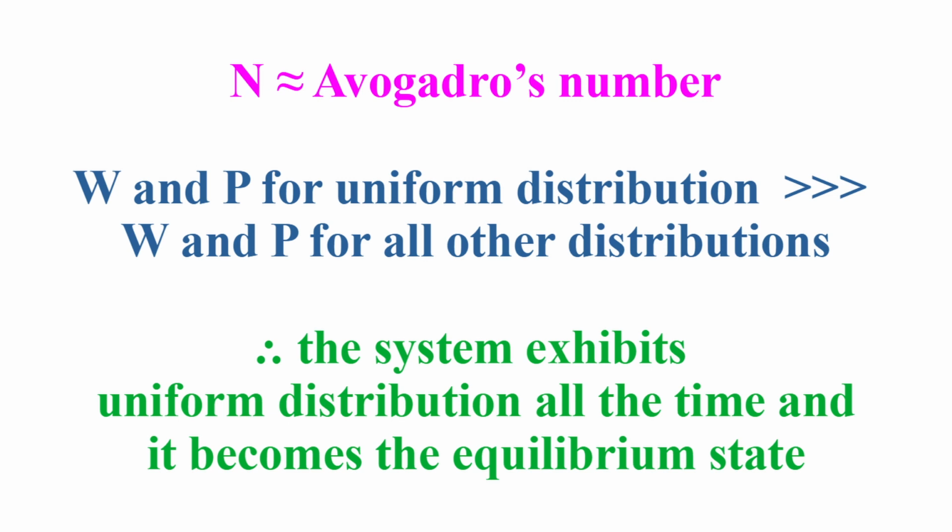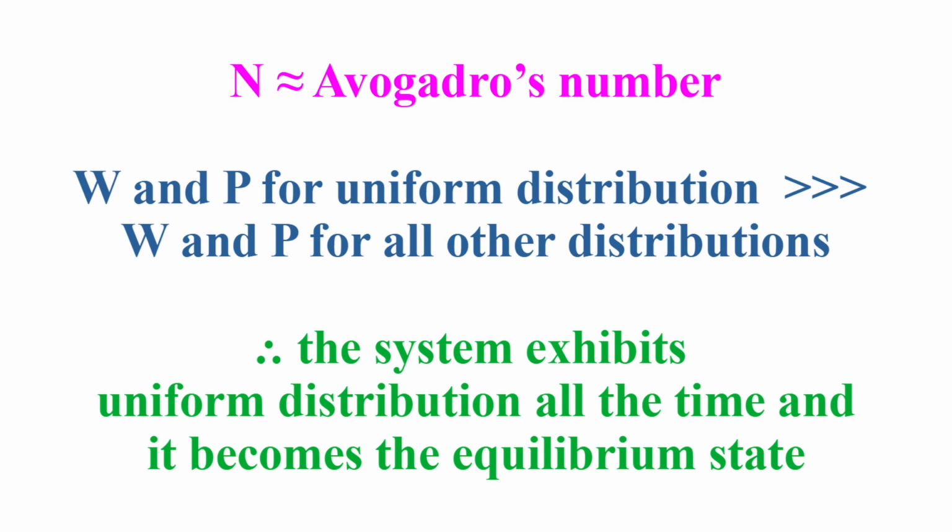This happens to be the uniform distribution of the particles. This is like the Boltzmann distribution in the case of thermal entropy discussed in part 1.